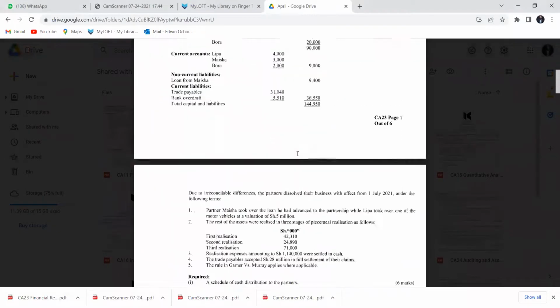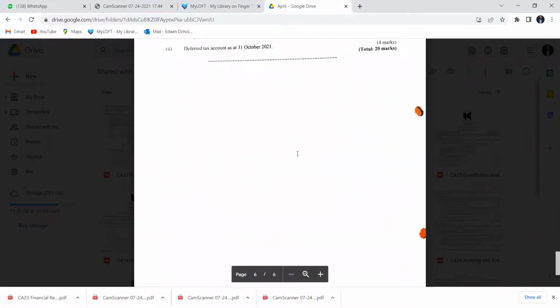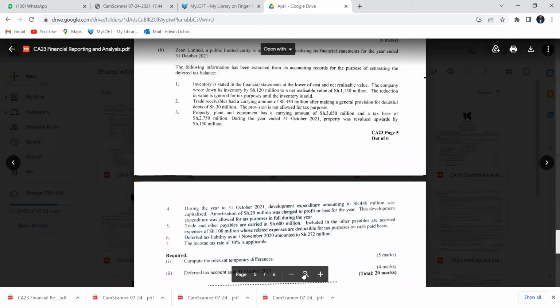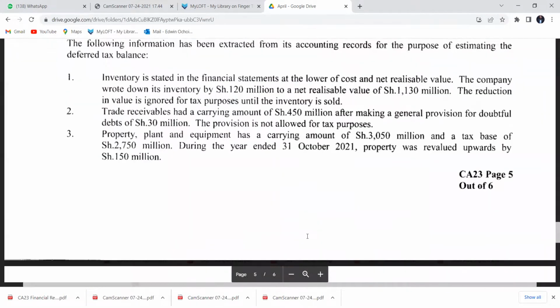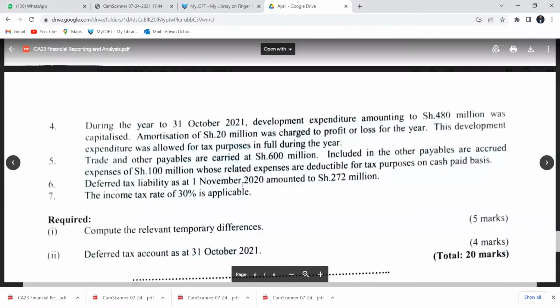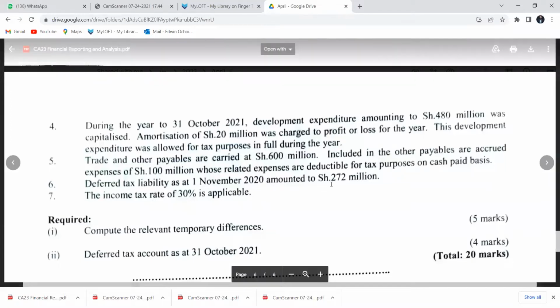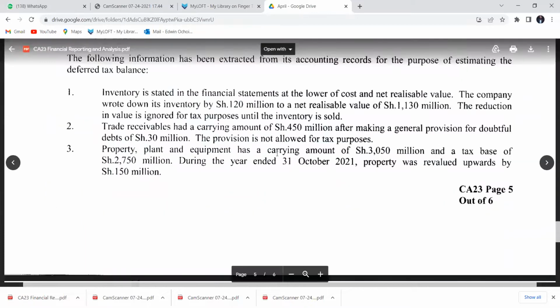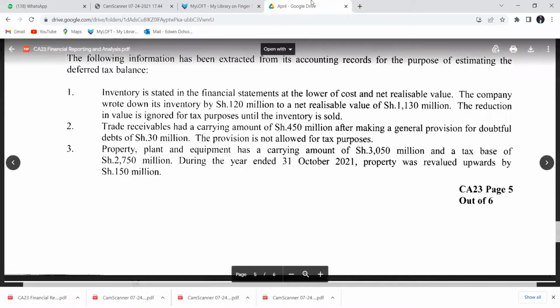So the last question there. They mentioned somewhere here, note 6, deferred tax liability as at 1st November 2020. Remember our financial year ends at 1st October 2021. So we have 272. Then there was revaluation here. That revaluation of what? Property, note 3, 150.